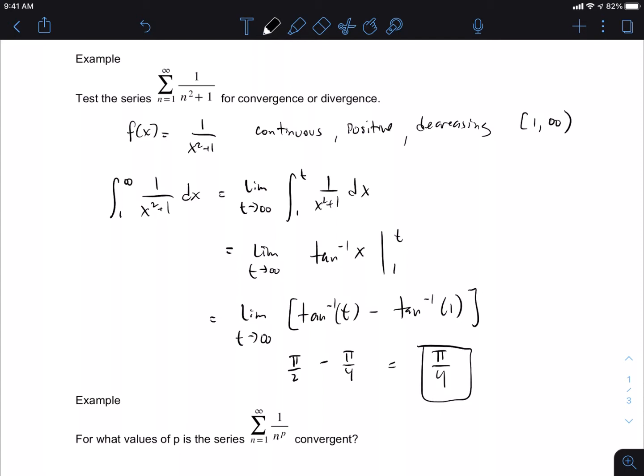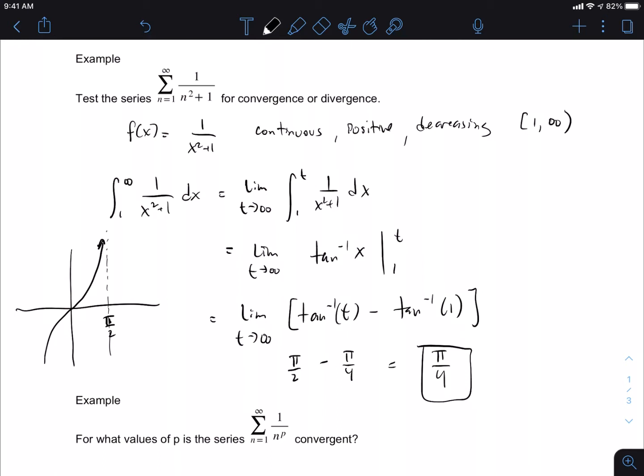How did I know that it was pi over 2? If I look at the graph of tangent, it looks like this, right? And as the value goes to positive infinity, I'm going to get pi over 2. So it's understanding limits, going back to chapter 2 of Calc 1 to get that.